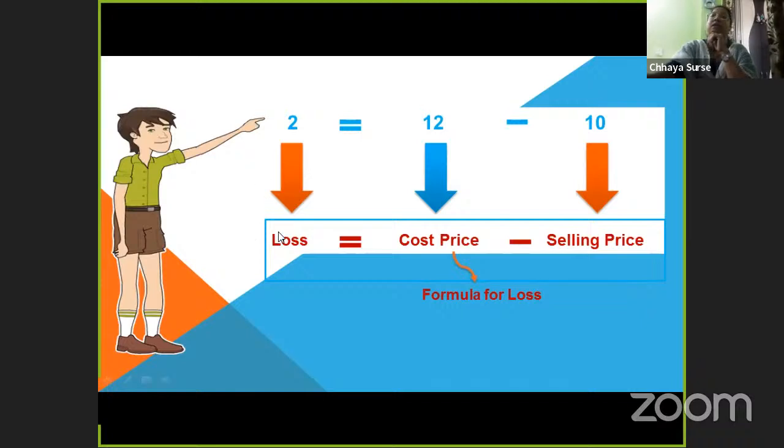But in loss, it is cost price minus selling price. This is the difference. What is greater in profit? Selling price. And what is greater in loss? Cost price. So this is the formula for loss: cost price minus selling price.